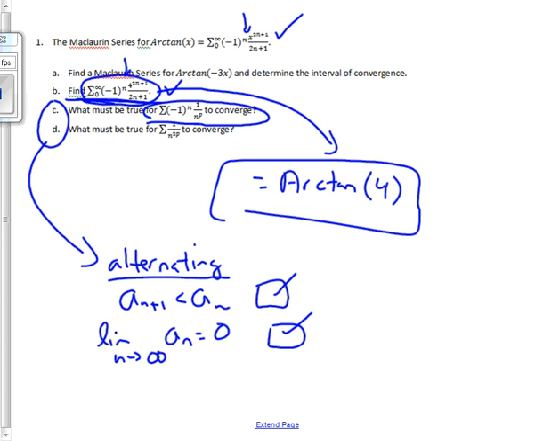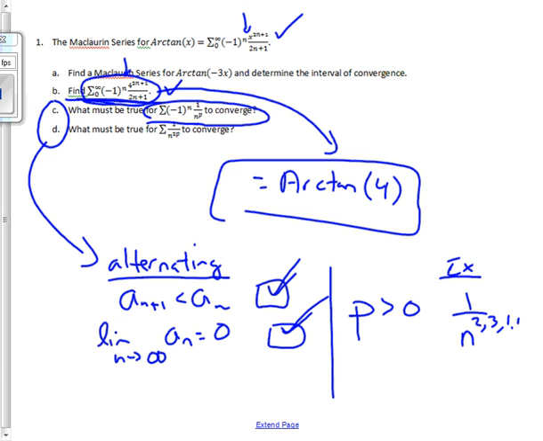So therefore, in order for this to converge, these conditions are met provided that p is greater than 0. So as long as p is greater than 0, what we have is, for example, 1 over n squared or n cubed or n to the 1.1.